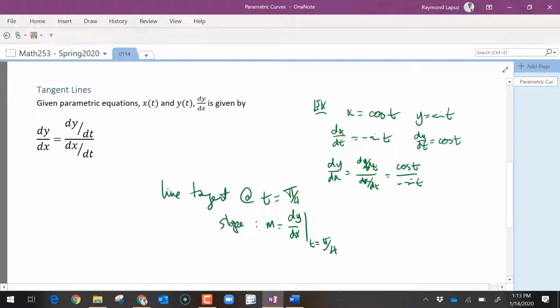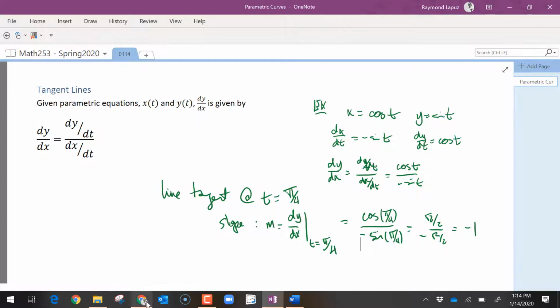If we put pi over 4 in there, we get cosine of pi over 4 divided by negative sine of pi over 4. I think they were both equal to √2 over 2. So that's our derivative, and if we want to find the equation of a line, this is where we go. Are there any questions?